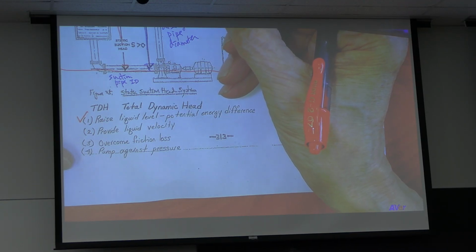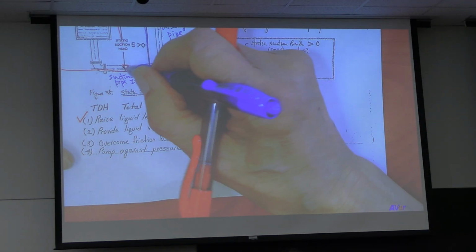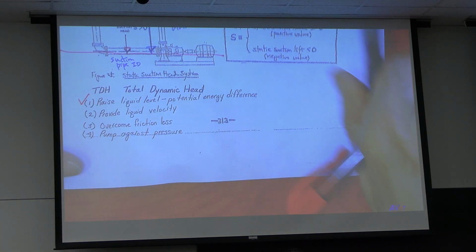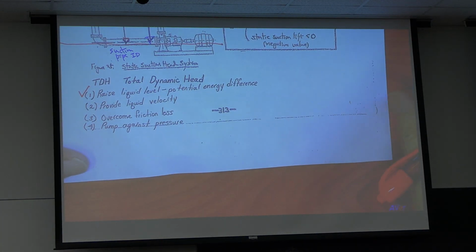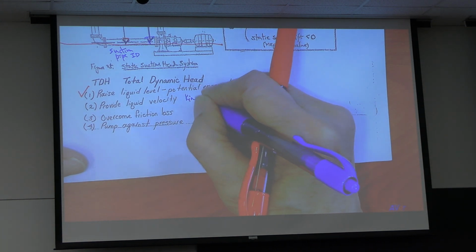Okay? For constant volumetric flow rate, linear velocity in the discharge pipe and suction pipe may be different. You need to provide liquid velocity. That is the kinetic energy difference.